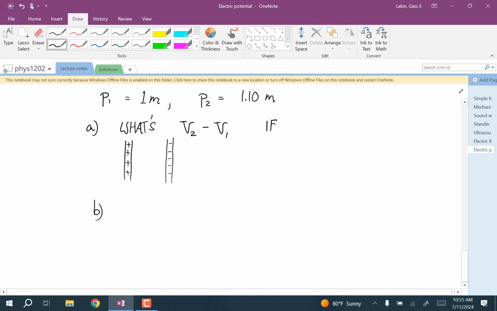And then for this potential difference, we'll calculate the potential energy difference for an electron moving from that point 1 to that point 2.